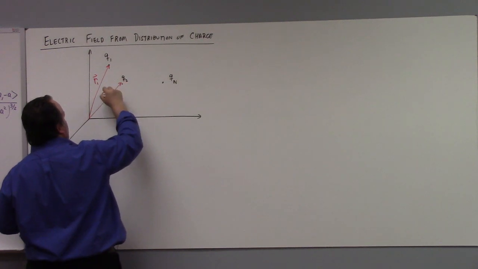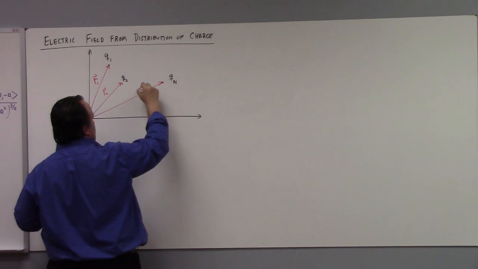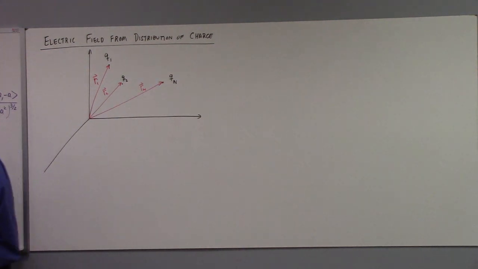These are the source charges. I'm supposing for the moment that we have n source charges, and then I want to think about what's the electric field at a test point due to these n source charges. The test point I'll label R.